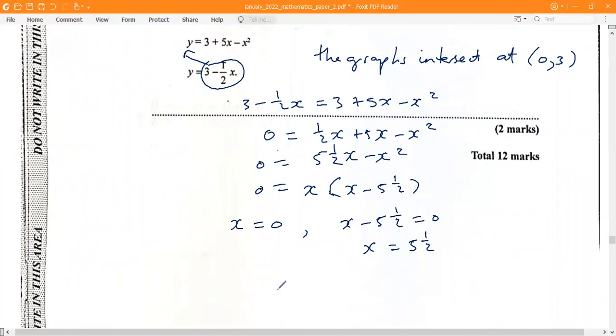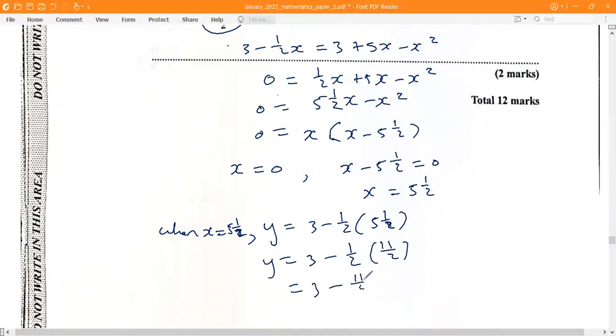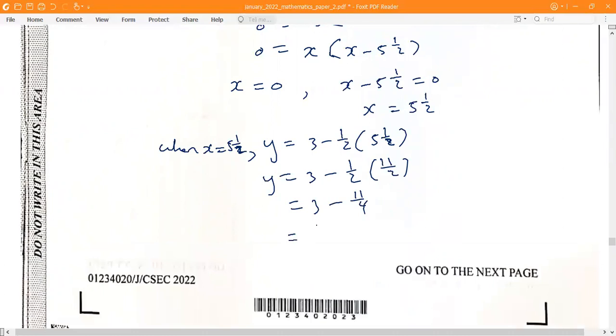So y is equal to 3 minus 1/2 times 5.5, when x is equal to 5.5. So y is equal to 3 minus 1/2 times 11/2, which is 3 minus 11/4, which is 12/4 minus 11/4, which is 1/4. Y is equal to 1/4.